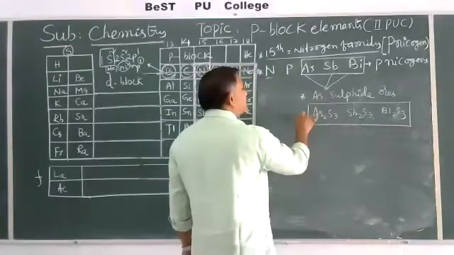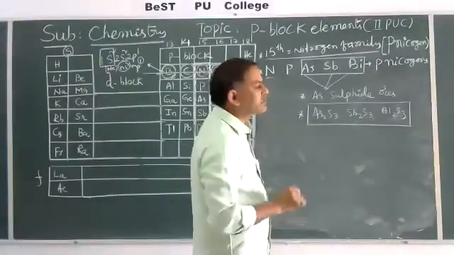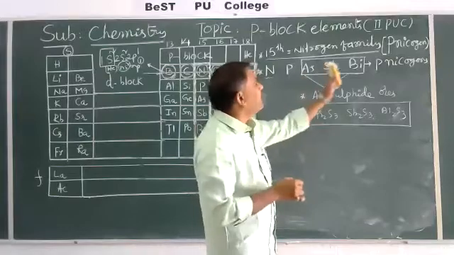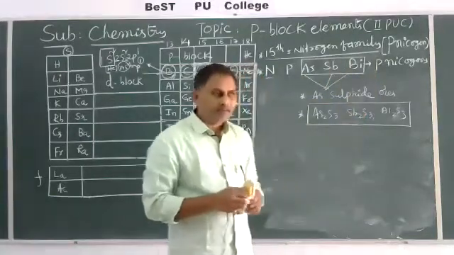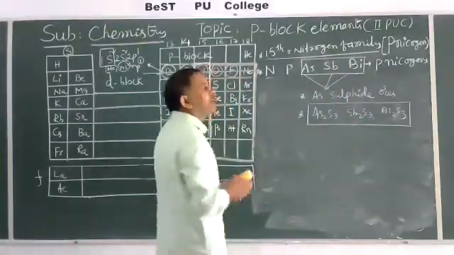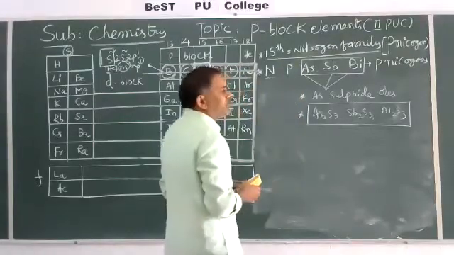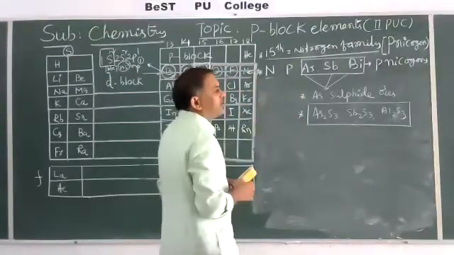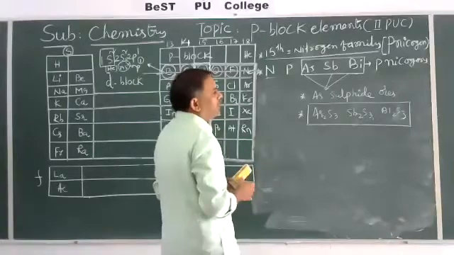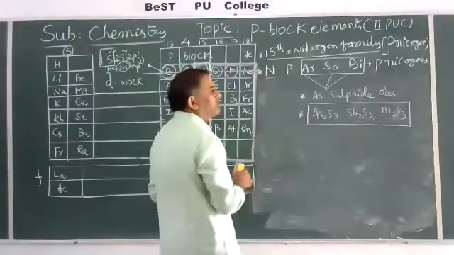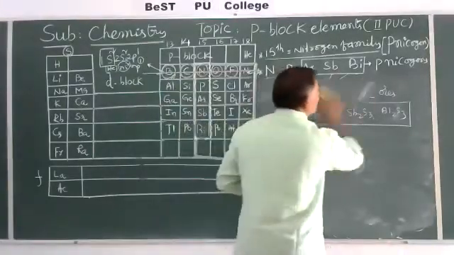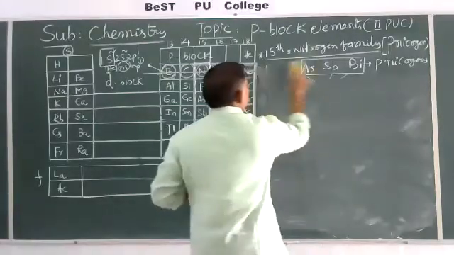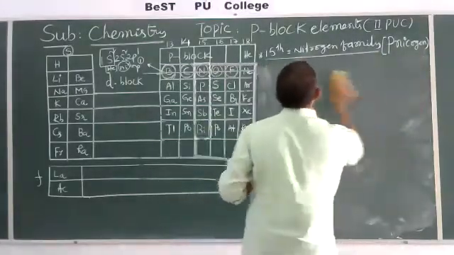These are the important sulfide minerals of the remaining three elements. Clear? That covers the introduction, general electronic configuration and occurrence of 15th group elements.